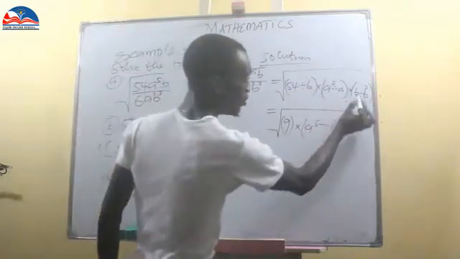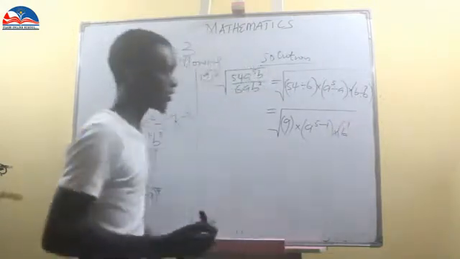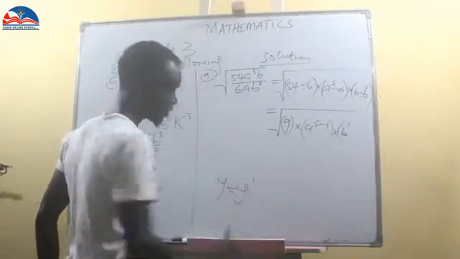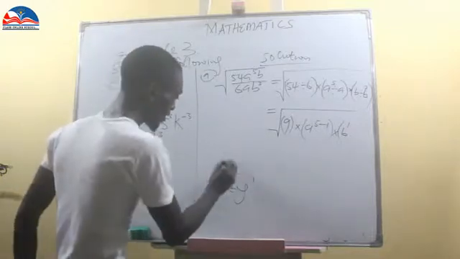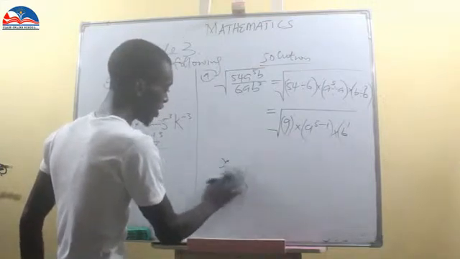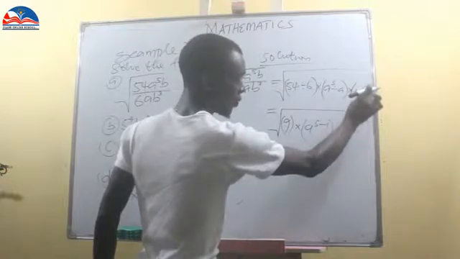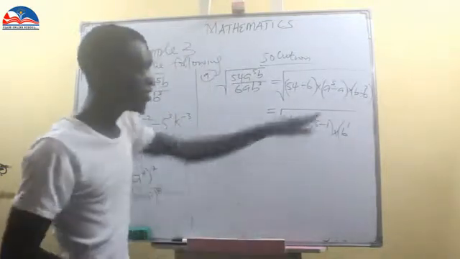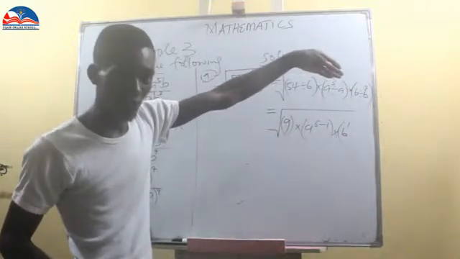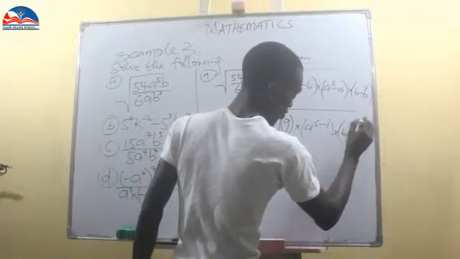So here we have B index 1. If you have y, it is the same as y index 1; x is the same as x index 1. So if you have B divided by b index 3, since the two bases are the same again, subtract the two indices. So I have B index 1 minus 3.